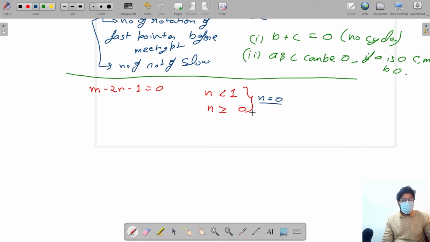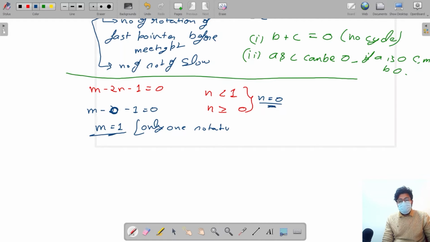So if N is equal to 0, then M minus 0 minus 1 is equal to 0, so I can say M is equal to 1. If N is equal to 0, M is equal to 1. That means only one rotation before the meeting point.